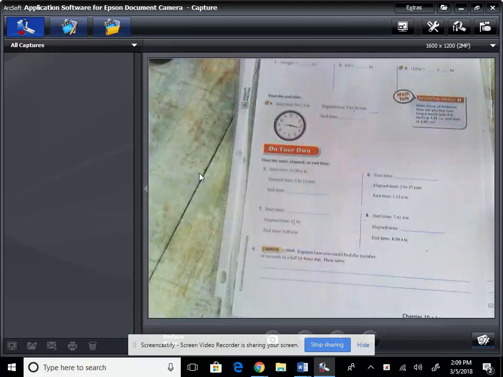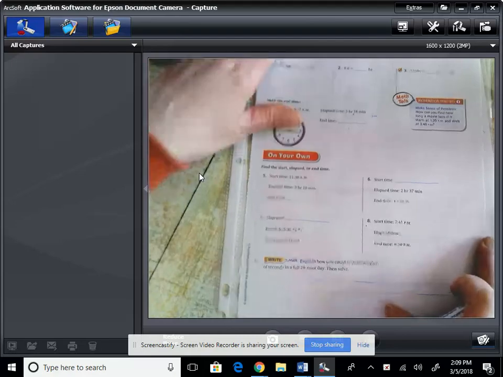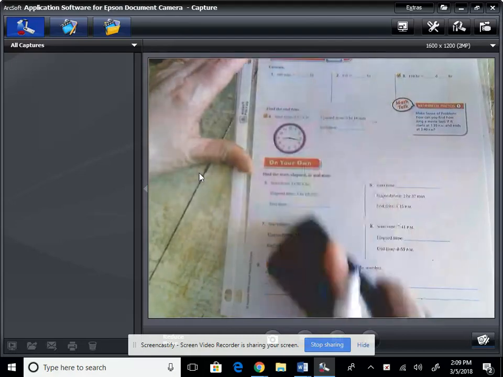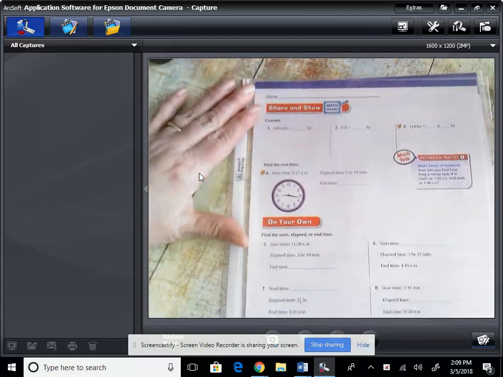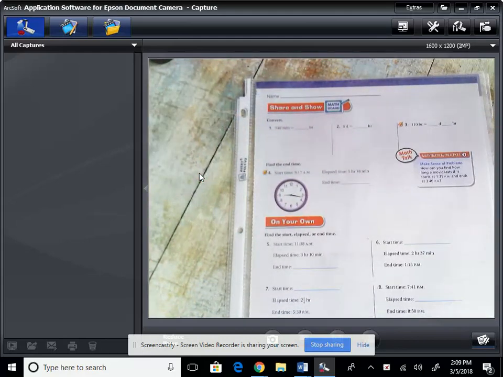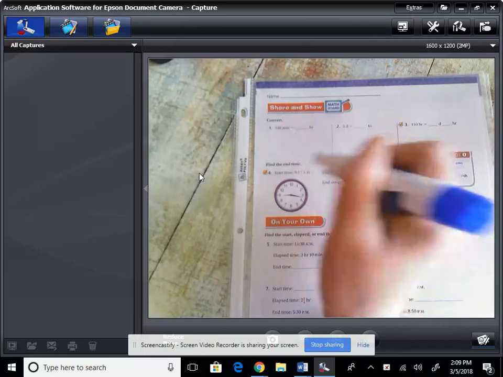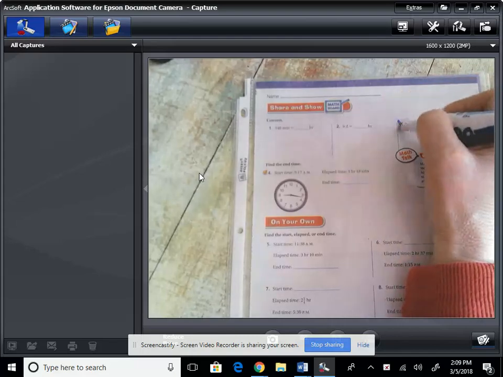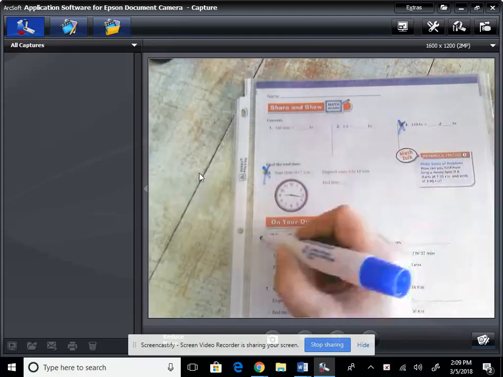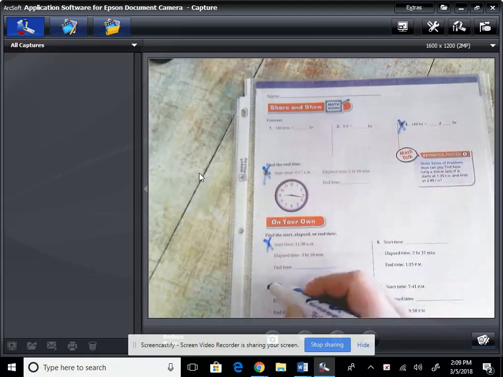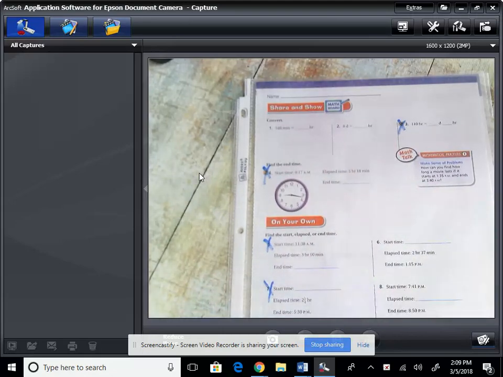All right. So you are going to do some minutes and converting some minutes. If you need to go get the clocks out of the cupboard and move them back, that is just fine with me. Otherwise, I want you to do some converting. Let's do 3 and 4, 5 and 7 with your partner.